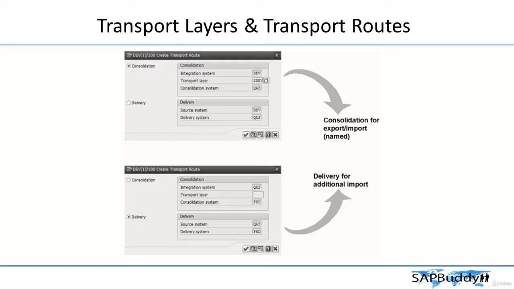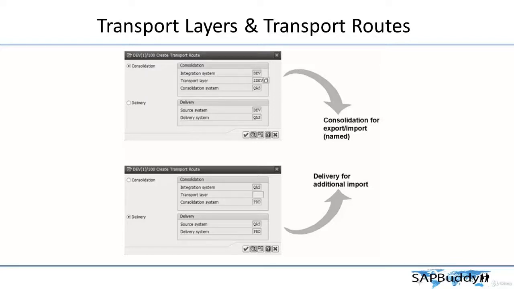You can see here transport layer. Transport layer means, for example, all the repository objects are grouped into logical units, which are called packages, which we have seen before, also called development class.